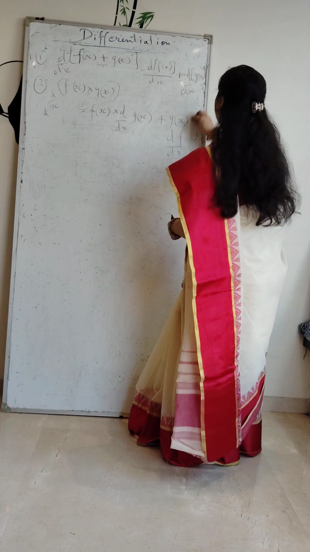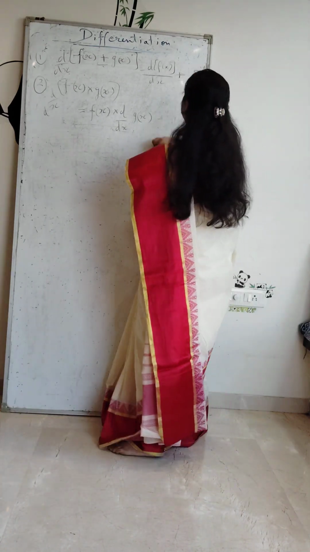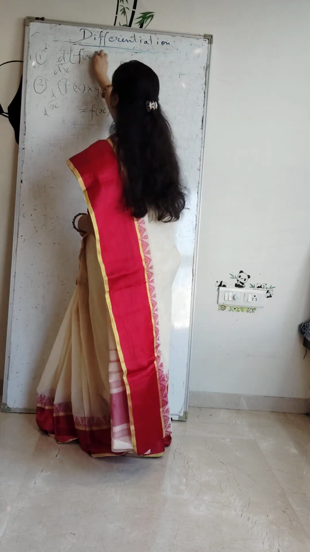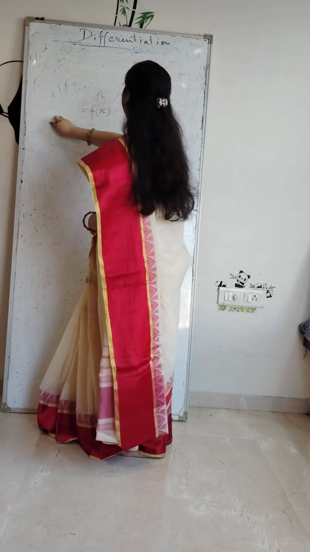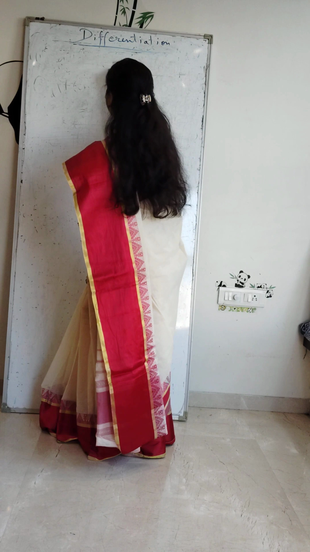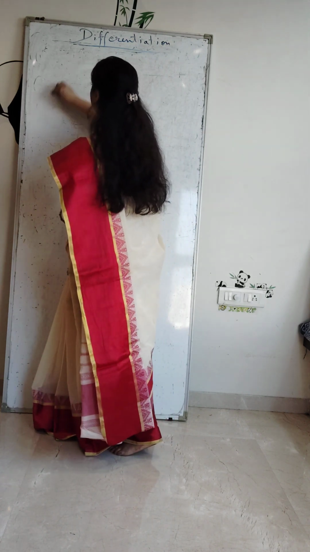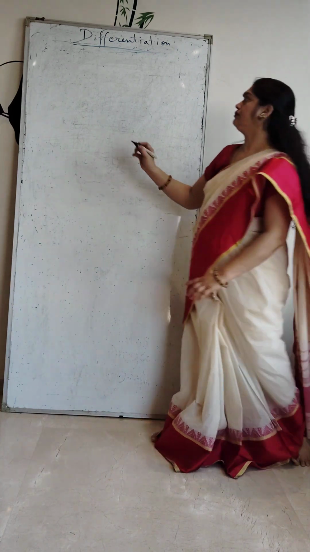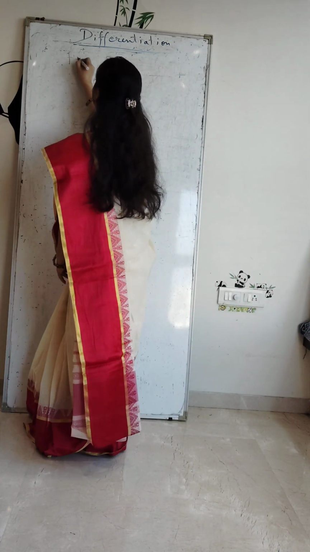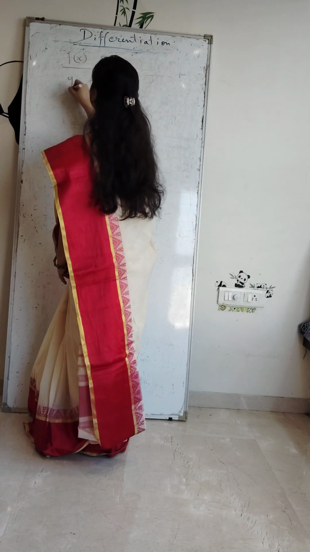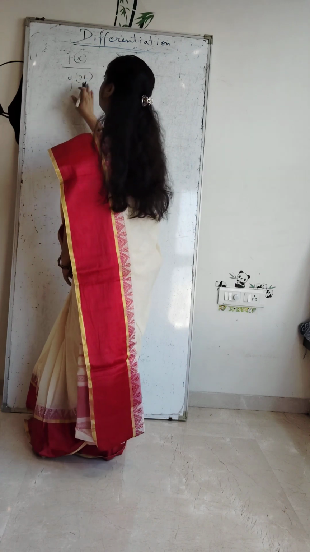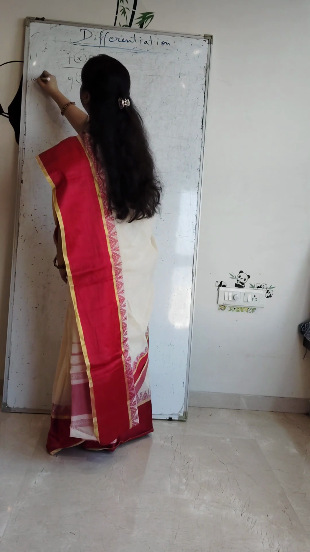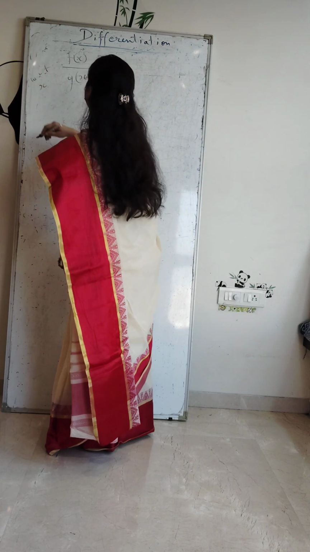Now quotient rule. If two functions are in division form, then how will you solve that? If the function is in the form of f(x) by g(x), then how will we differentiate with respect to x?